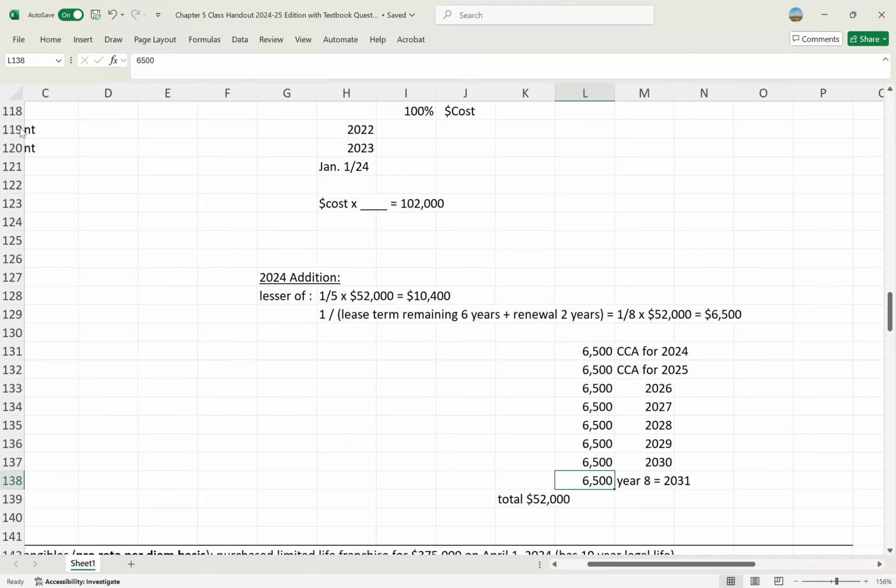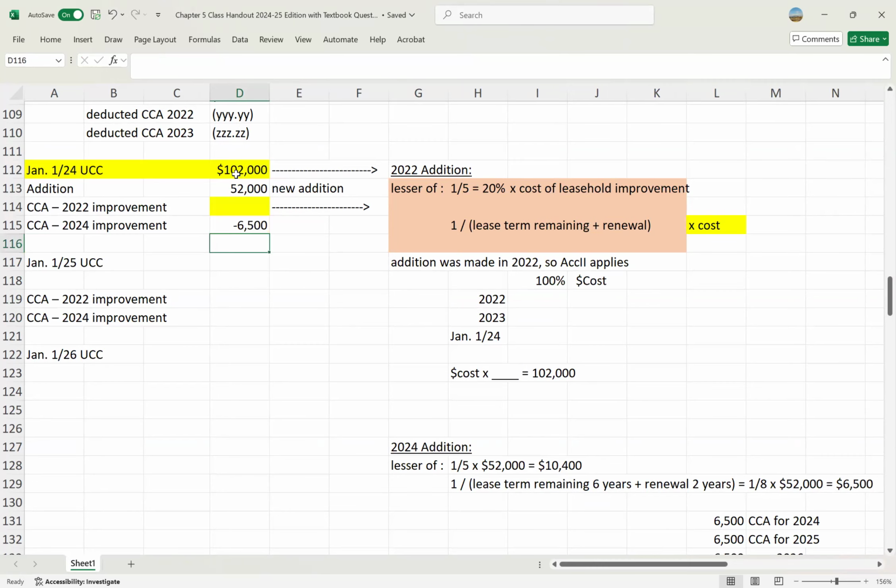And then the CCA we're going to take this year on the 2024 addition will be 6,500. So that's the CCA we're going to deduct on the addition of 52,000 that we made this year. We still have to figure out the CCA on the improvement we made in 2022, but that's going to be a little more complex calculation. Any questions about the 6,500 CCA calculation?